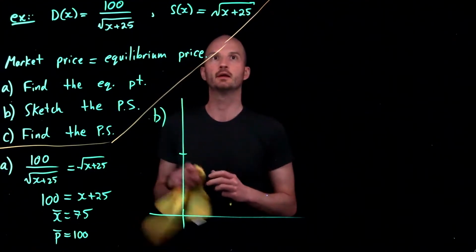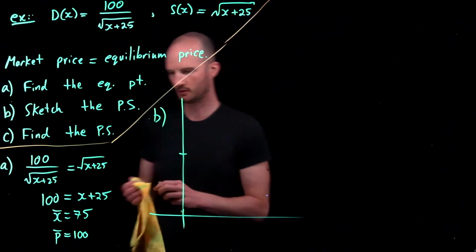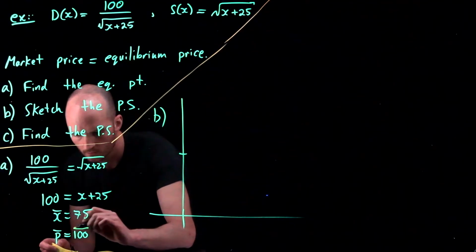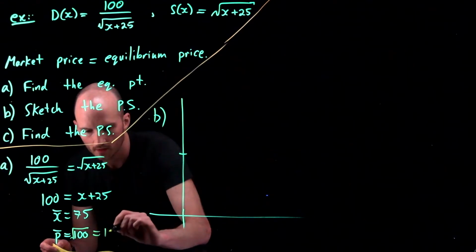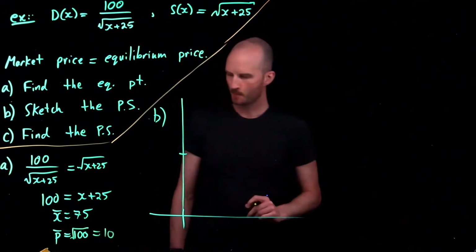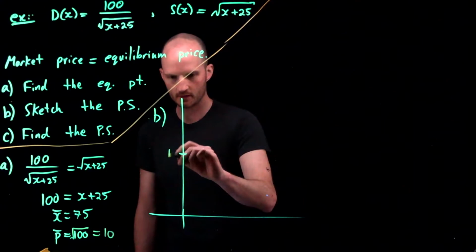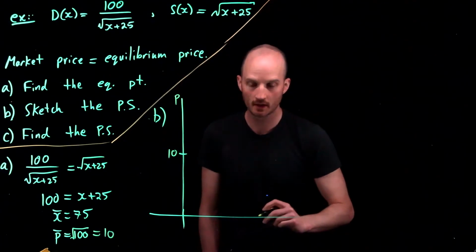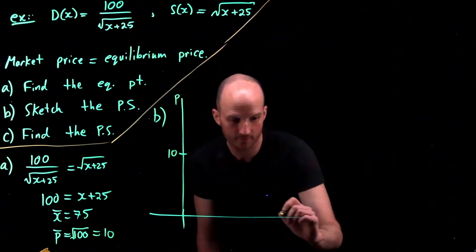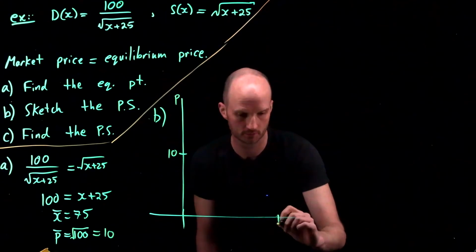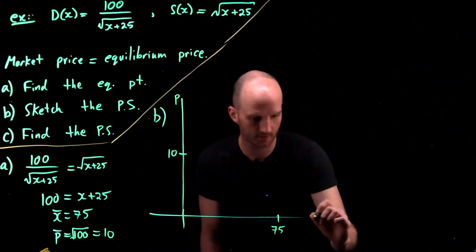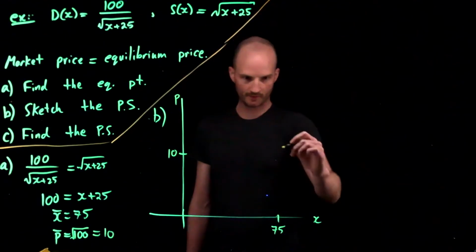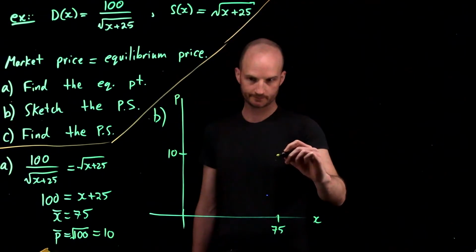P bar is square root of 100, not 100. So this should be 10. So I'll put 10 here on my p-axis, and I'll put my 75 on my x-axis. So my equilibrium point I know is right here.